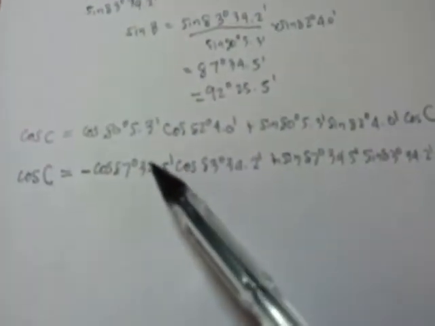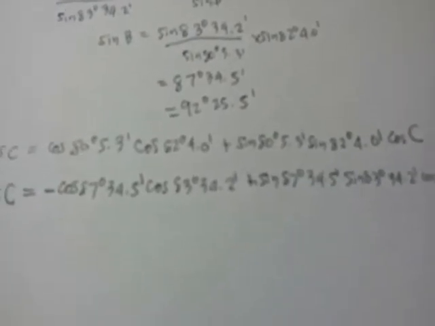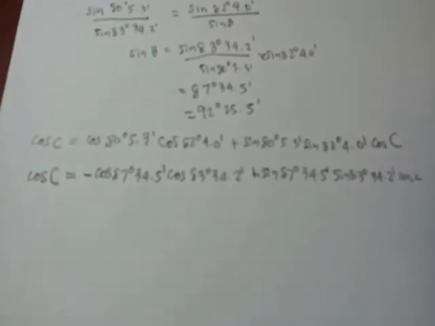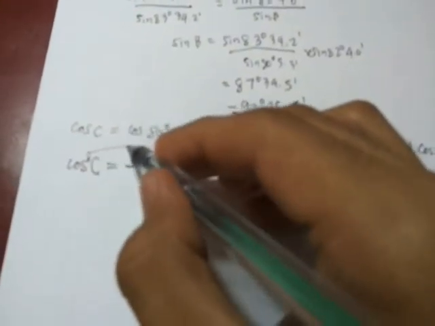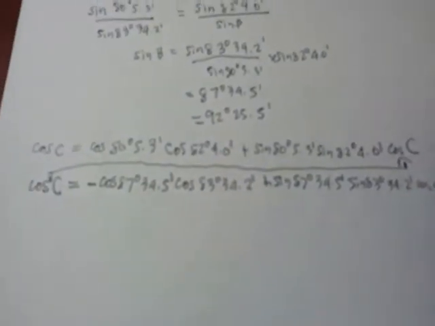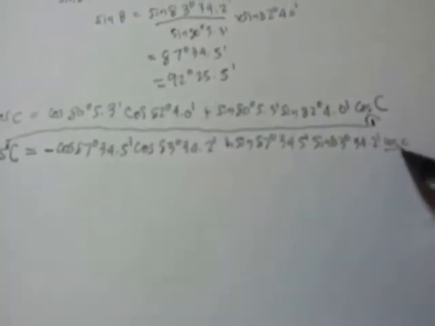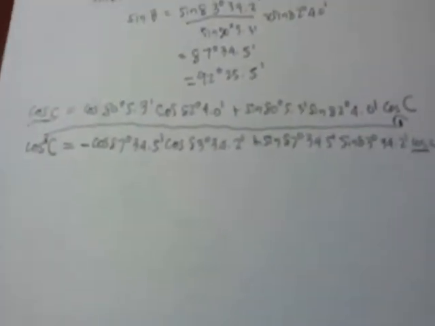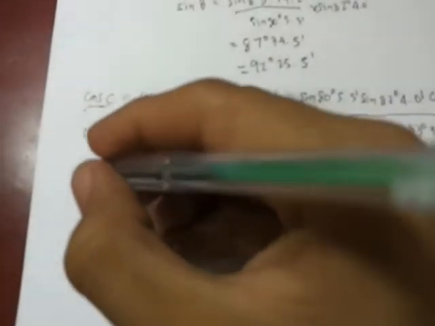So we just multiply the cosine of them and the sine of each one of them. If you notice, there are two unknowns, but we can plug this one into this, and after plugging it, let's isolate the cosine C. Okay, so I want you to try it and then check if it's the same as my answer.